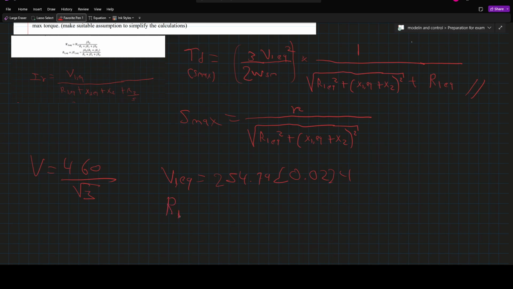And I did the same, creating in MATLAB a function for calculating our R1 equivalent plus j X1 equivalent, and we got 0.59 plus j 1.7052.